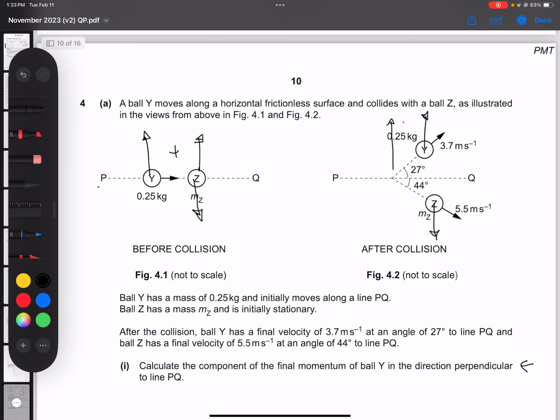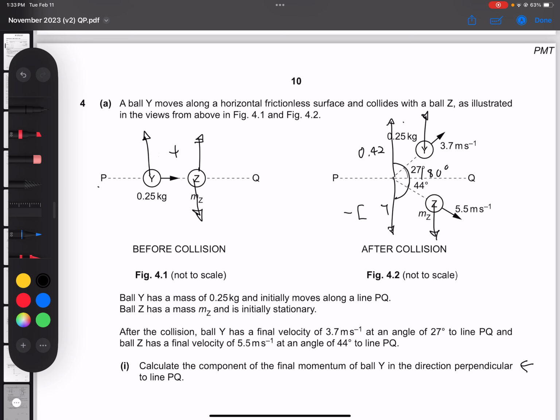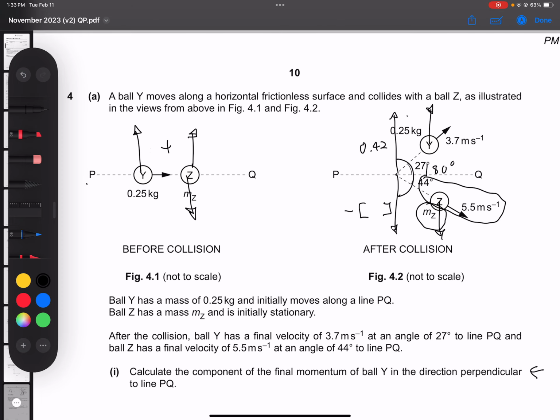So it's saying, hey, 0.42 is this side, this is a vector quantity, so minus opposite direction, perfect 180 degrees, this is negative, okay? So minus this component of momentum, which is formed using an equation relating vertical velocity and mass, right? That should be equal to this vertical component of momentum, which is 0.